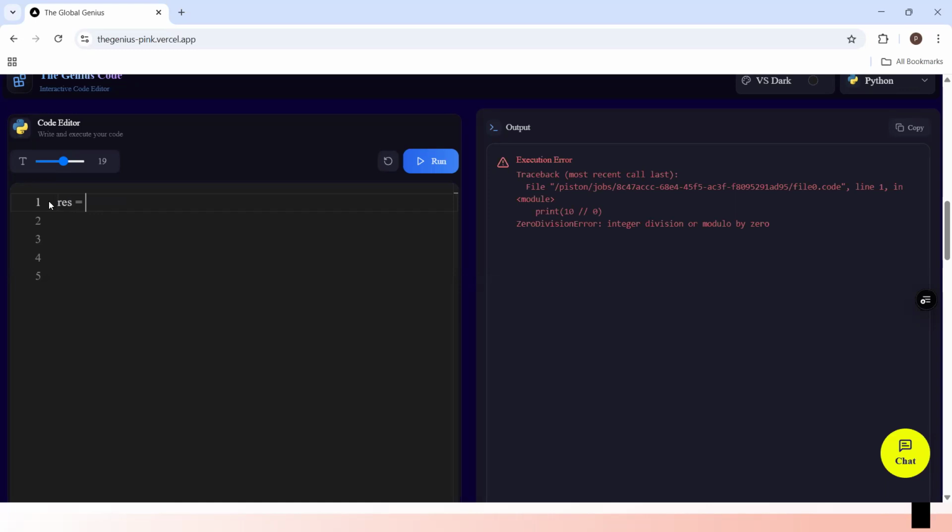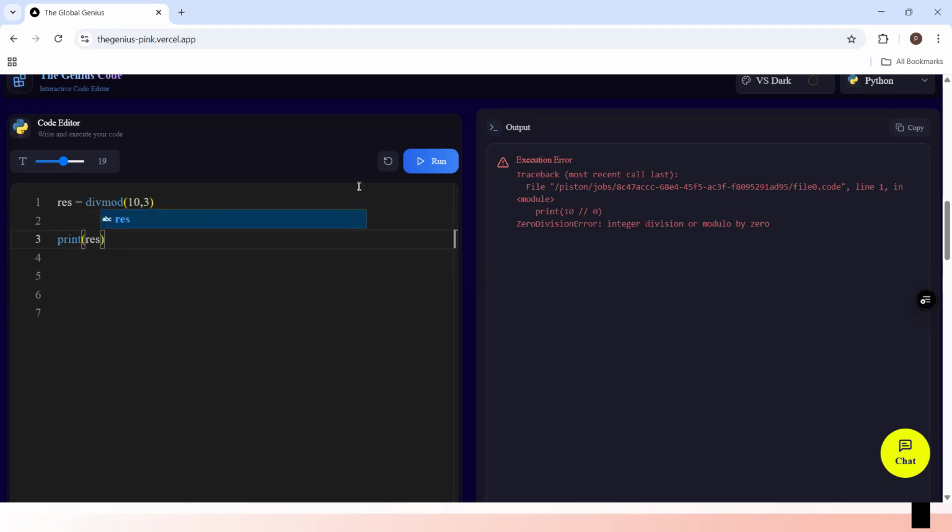This divmod will take two parameters: the numerator, let's say 10, and the denominator, let's say 3. When you do this, you will get a tuple. So we say print result.